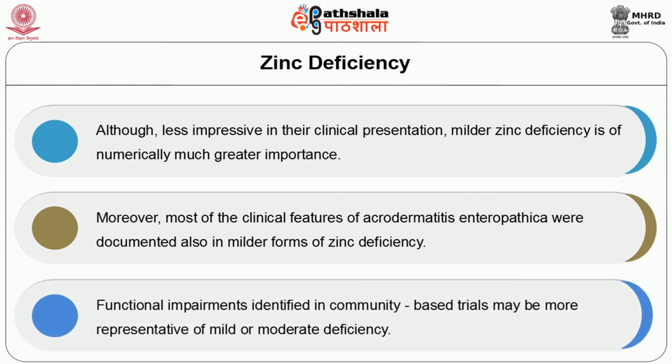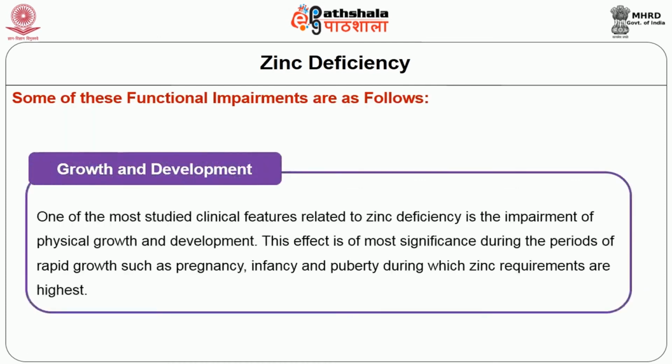Functional impairments identified in community-based trials may be more representative of mild or moderate deficiency. Some of these functional impairments are as follows, like in growth and development. One of the most studied clinical features related to zinc deficiency is the impairment of physical growth and development.